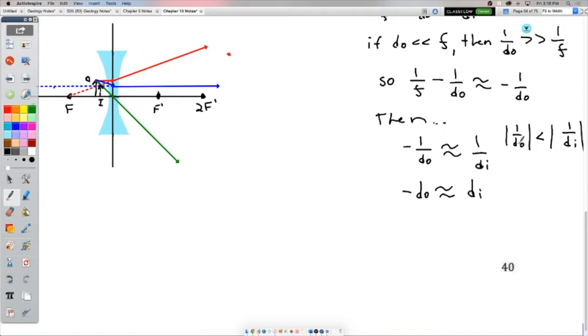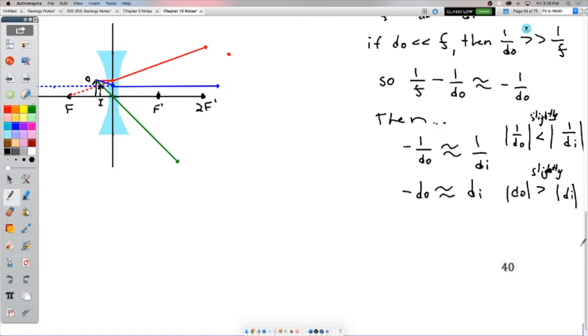So 1 over d_o will be slightly smaller than 1 over d_i, absolute value-wise, which means that d_o is slightly bigger than d_i, because of that 1 over f that we sort of ignored but can't completely ignore.